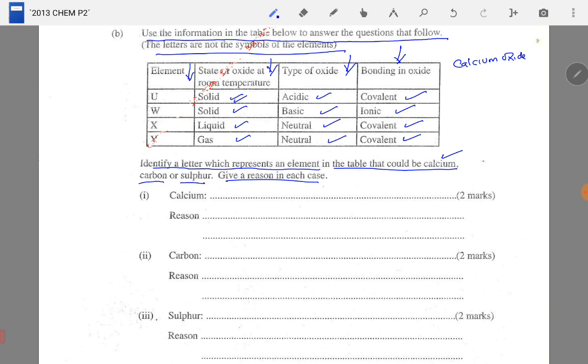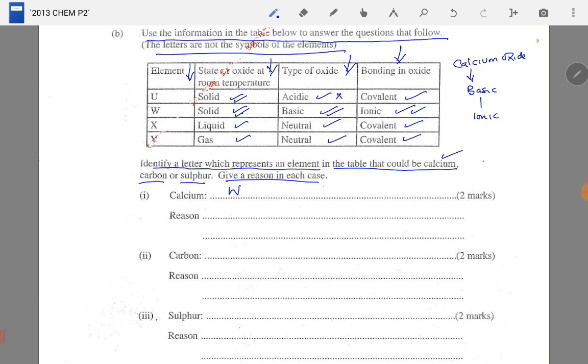Okay, after ticking that, we now go to the next. The nature of calcium oxide. Calcium oxide is basic. So basic, this one, not this. And the bonding is ionic. So this one. So we have W. Give a reason.